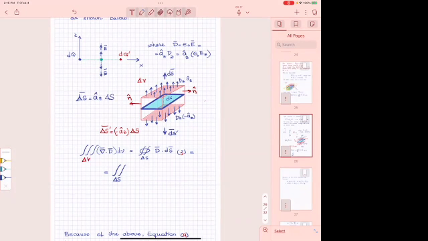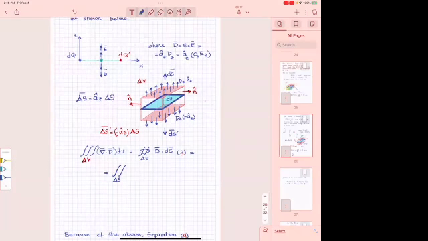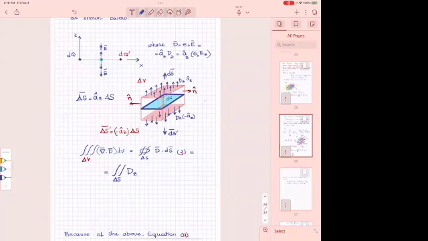Since the side integrals are 0, I'm going to have only two integrals on two surfaces, on delta S, which is going to be Dz ds. Because there is only one component, the Z component, the inner product between D and ds is Dz ds without the vectors.